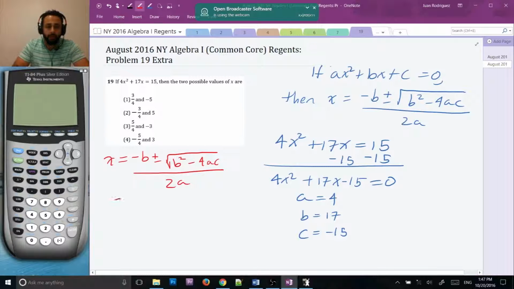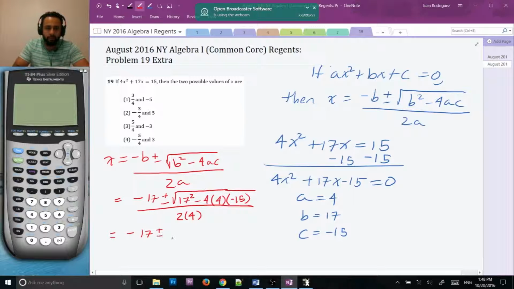Negative b is negative 17, plus or minus the square root of 17 squared minus 4, a is 4, c is negative 15, all over 2a, 2 times 4. Now, I see that all the answers are rational numbers, which means that the discriminant has to be a perfect square. So if I don't get a perfect square inside the radical, I know I did something wrong.